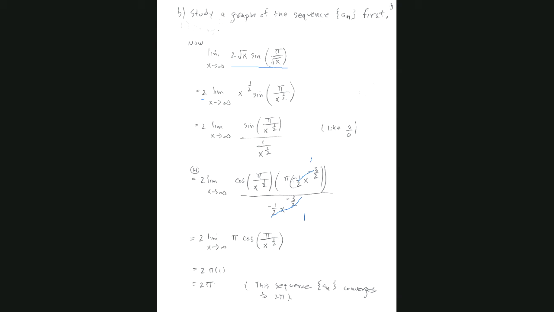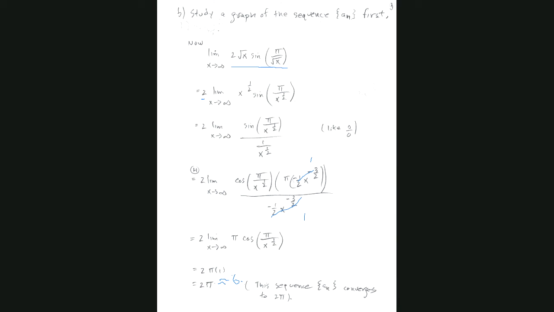So the sequence converges to 2 pi, which incidentally is approximately what? 2 times pi is approximately equal to what decimal? Give me a decimal rounded to two places. That's right, Robin. That's approximately equal to 6.28.